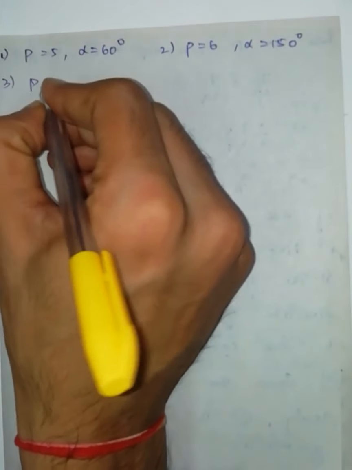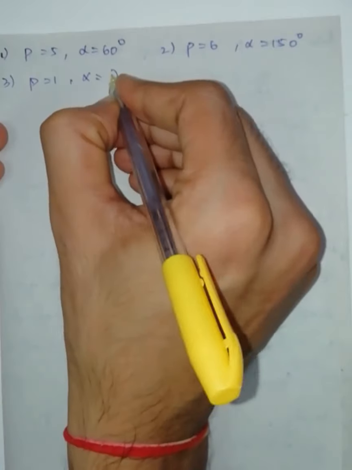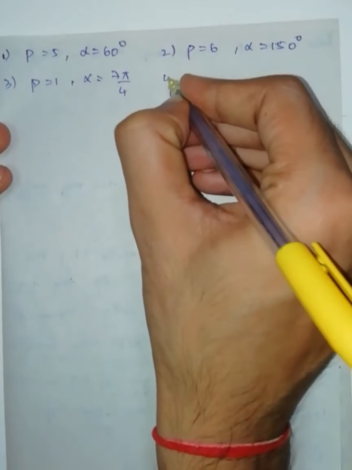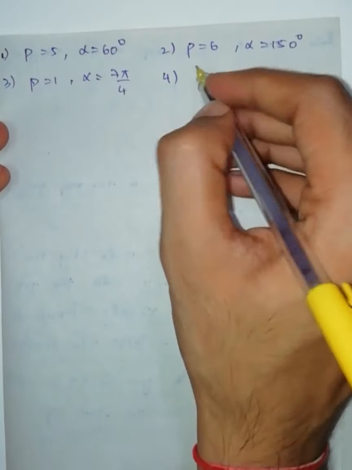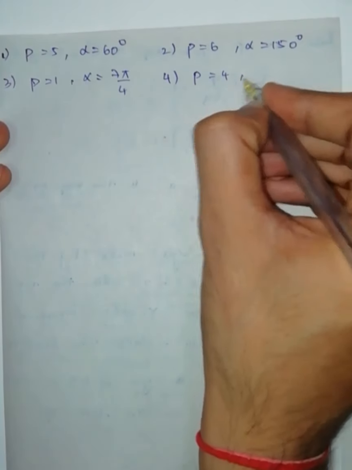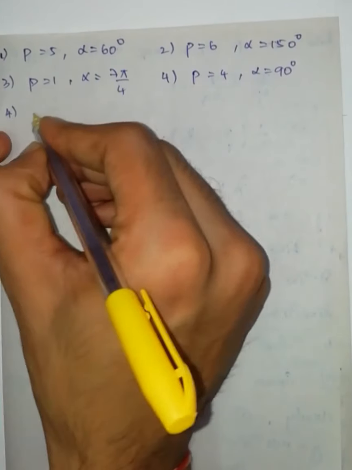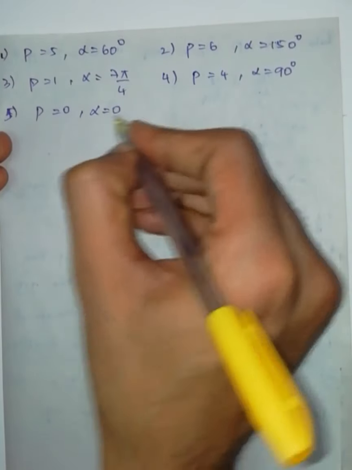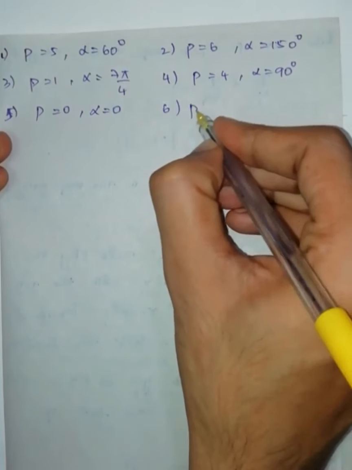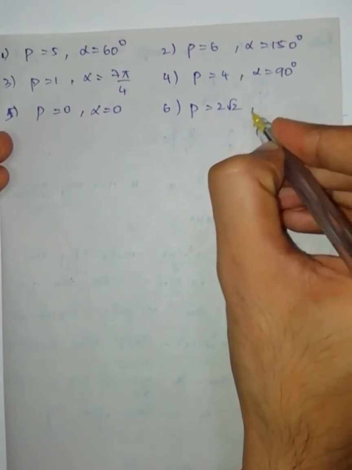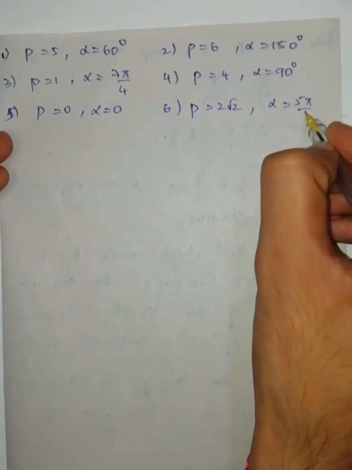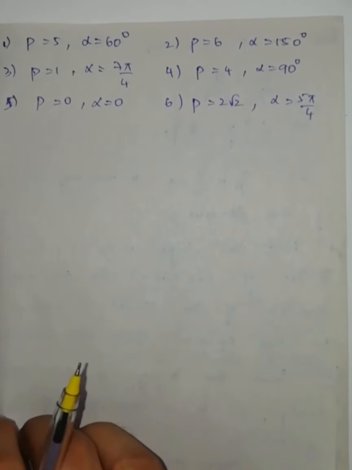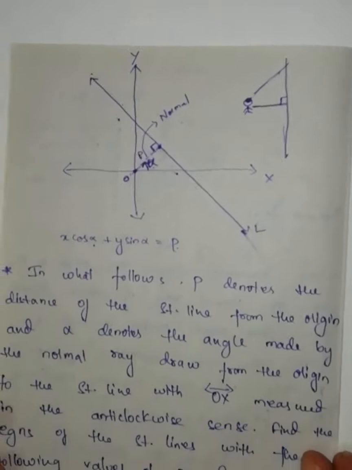Third one, P is equal to 1, alpha is equal to 7 pi by 4. Fourth one, P is equal to 4, alpha is equal to 90 degrees. Fifth one, P is equal to 0, alpha is equal to 0. Sixth one, P is equal to 2 root 2, alpha is equal to 5 pi by 4.